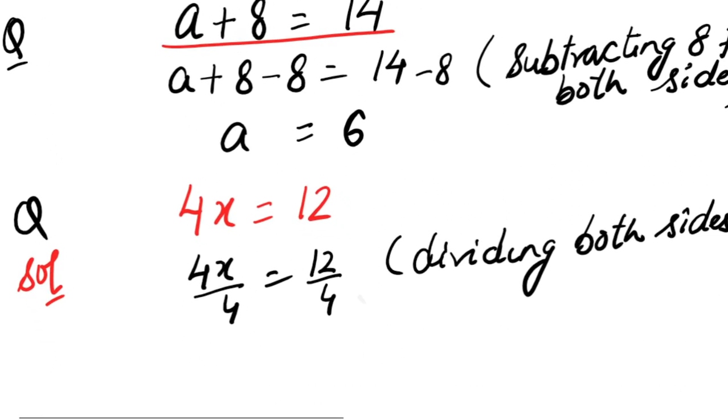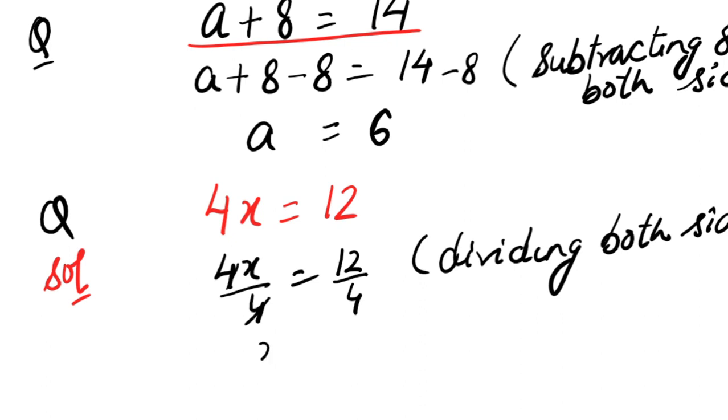So what will happen then? 4 cancels with 4. Here it is x and 3. Now the solution of x is 3. This is known as the systematic method. In the systematic method, we can add or subtract the same number from both sides of the equation, or we can multiply or divide both sides of an equation by the same non-zero number.